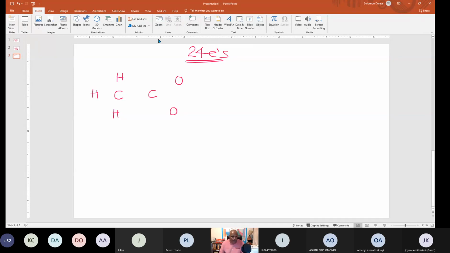So we have to form a chemical bond here, a chemical bond here, a chemical bond in here, like that, like that, like that. When we do that, we will have used 1, 2, 3, 4, 5, 6. We formed 6 covalent bonds. As a result, we have used 12 electrons. Only 12 electrons are used.